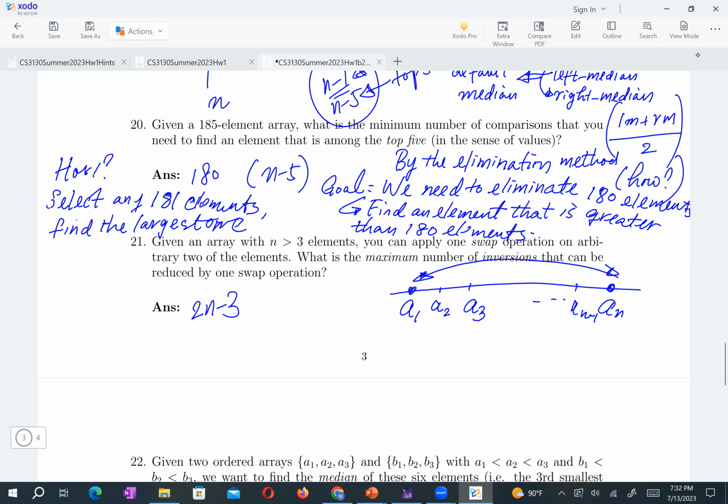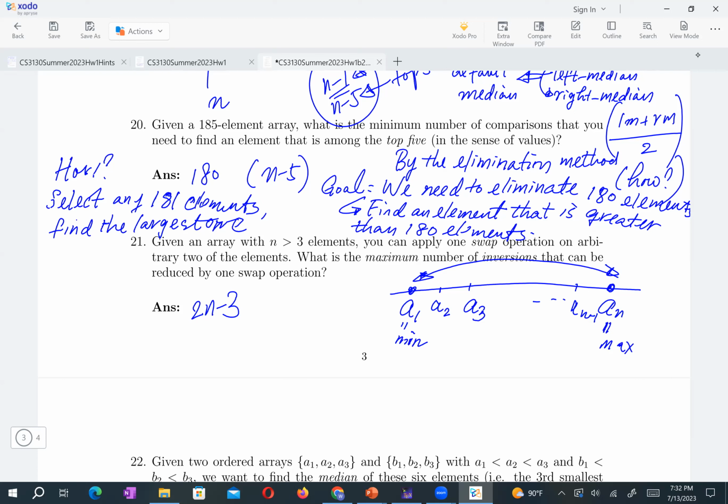All right, so how about we assume A1 is the minimum, and AN is the maximum, to get the largest number of inversions.